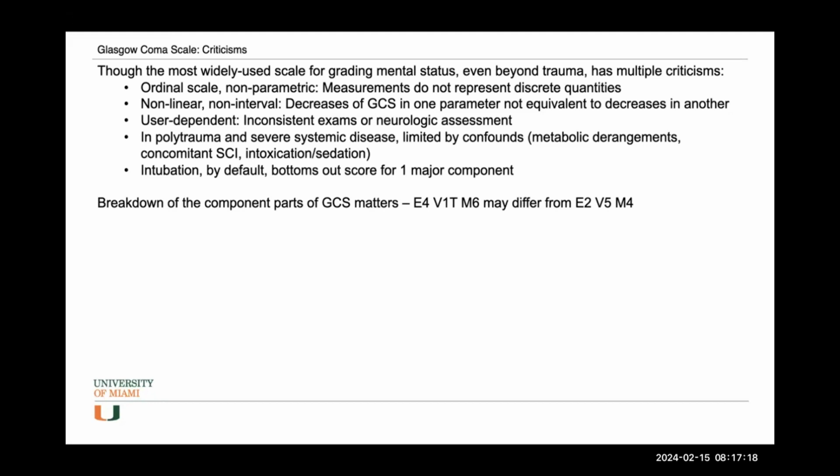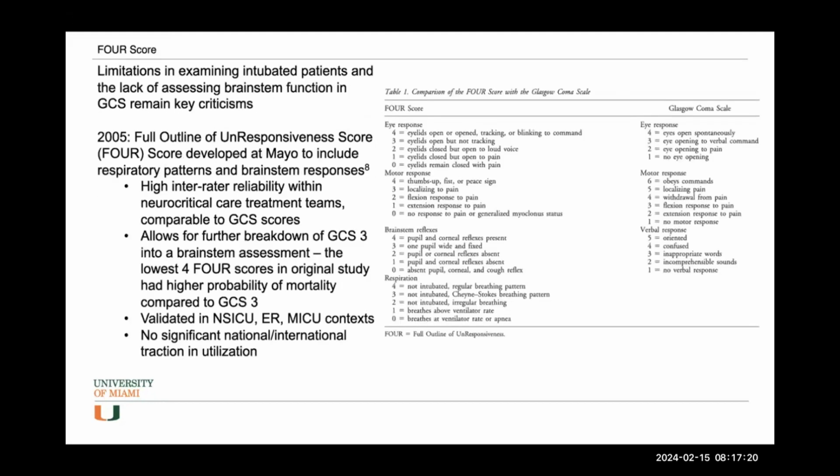So out of the Mayo Clinic in 2005, they started to develop something called the FOUR score. It's called the Full Outline of UnResponsiveness score. The limitation of examining intubated patients and the lack of assessment for brainstem function in the GCS were key motivators behind this process.